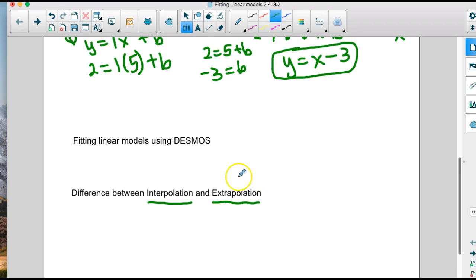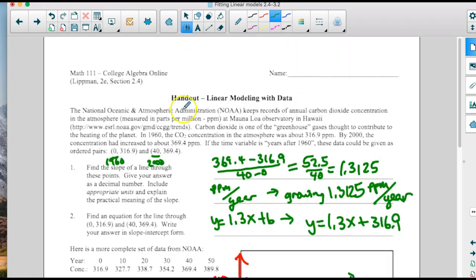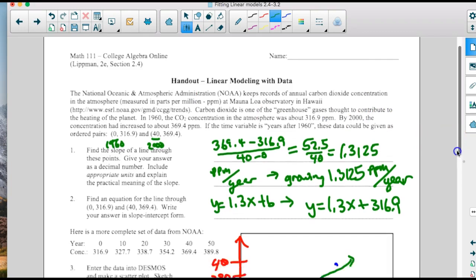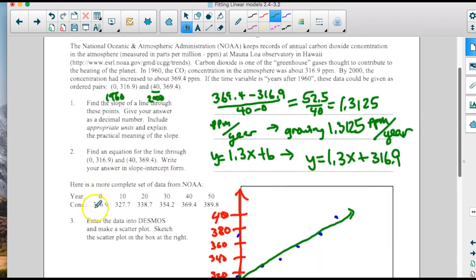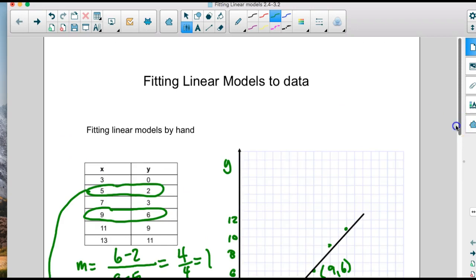So looking back at this model, if we are going to look for any year between 0 and 50, that would be interpolation, because that's inside the data set.